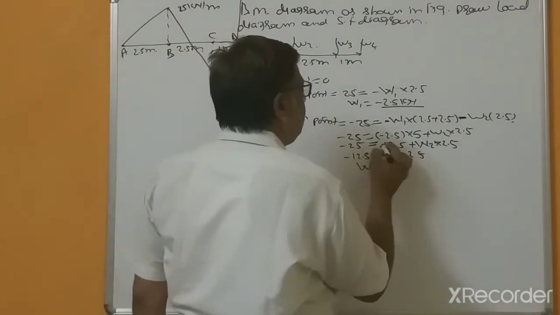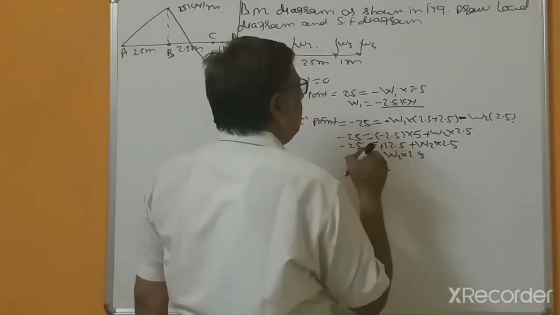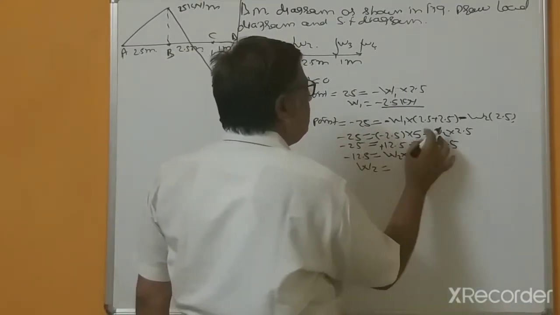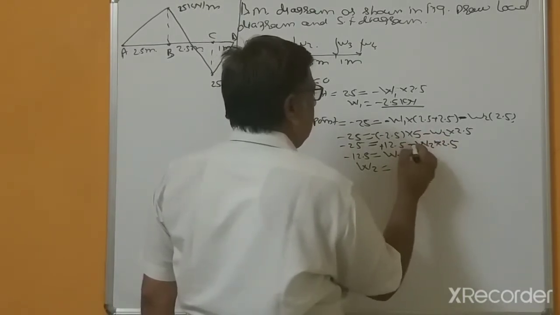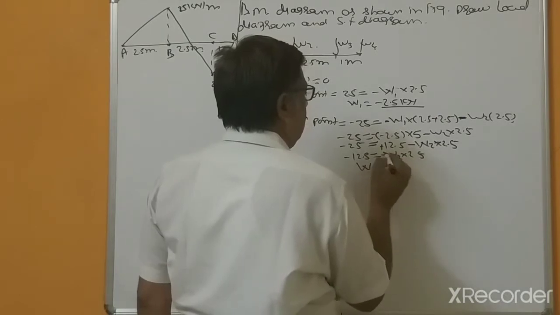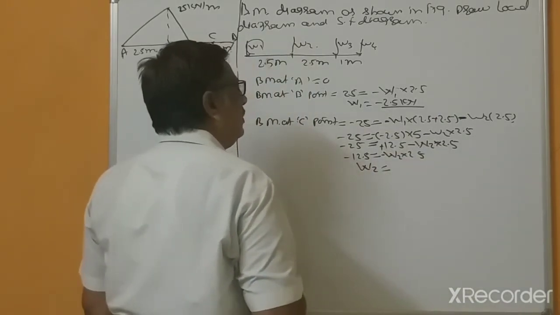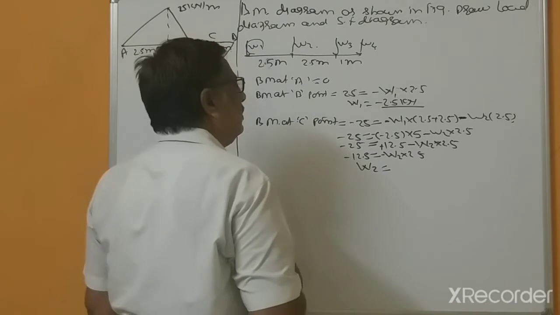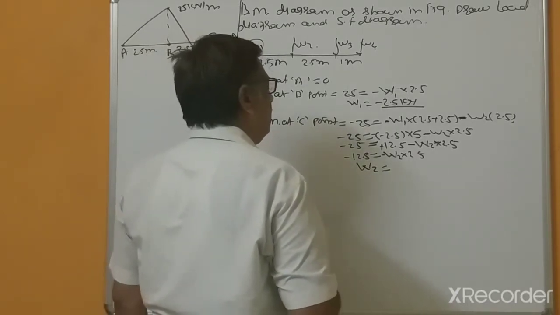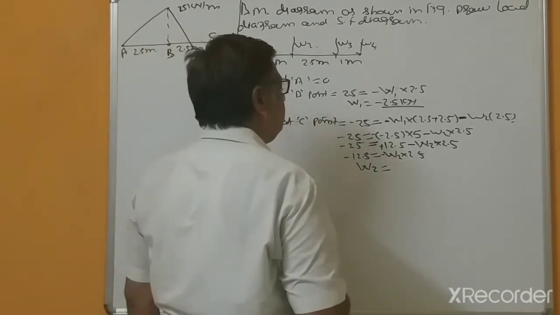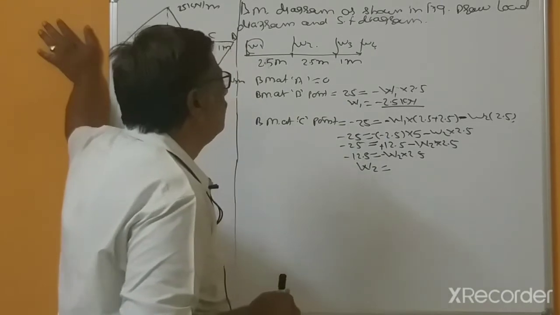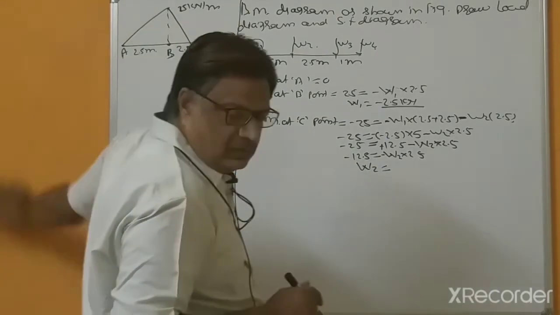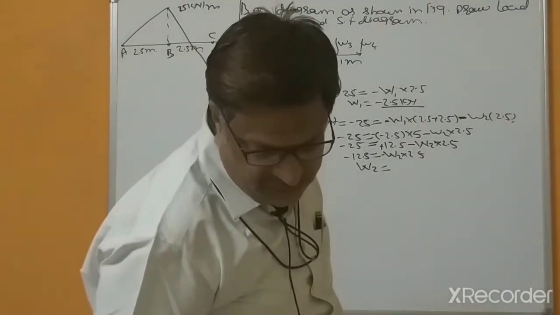So this becomes plus and this is minus. My answer is 30 kilonewton.